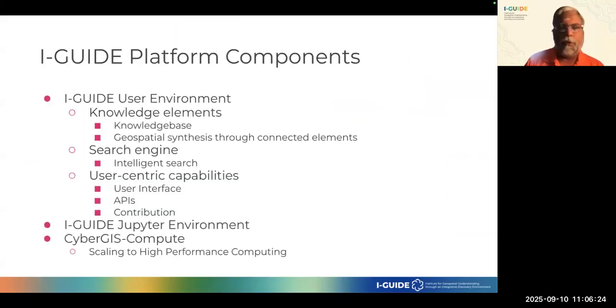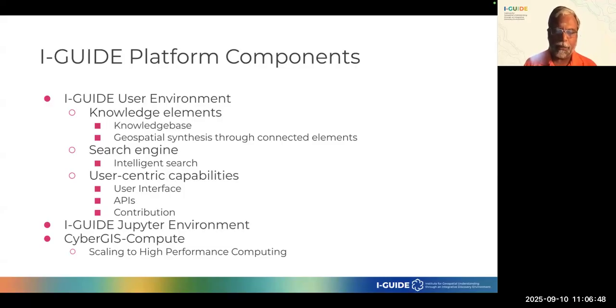For the platform itself, we have a number of components. Mainly, we are centered on what we call knowledge elements. Basically, this is a set of knowledge nuggets, if you will, like publications, data sets, maps, and so on, that are connected to each other.